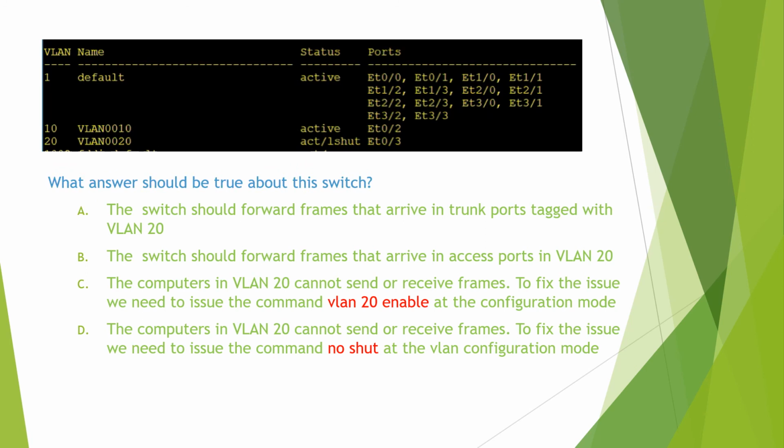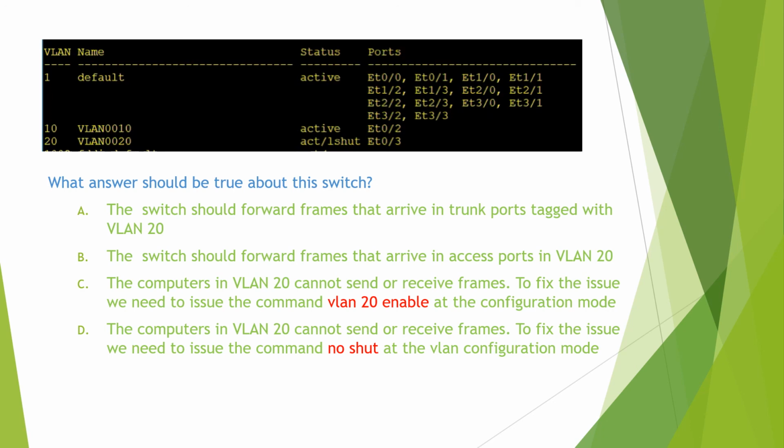What answer should be true about this switch? As you can see, the screenshot is a portion of the show vlan command, and in this switch VLAN 20 is shut down. Therefore, the computers in VLAN 20 cannot send or receive frames.